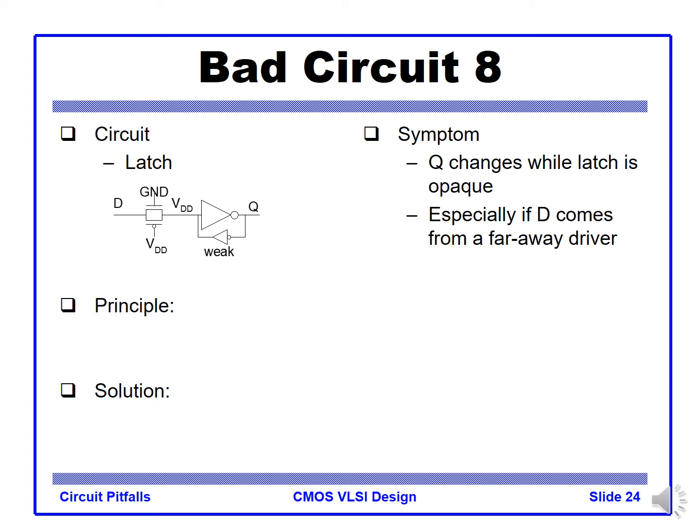Another example of a bad circuit is shown here, the latch again. The symptom is the output Q changes while the latch is in hold mode.